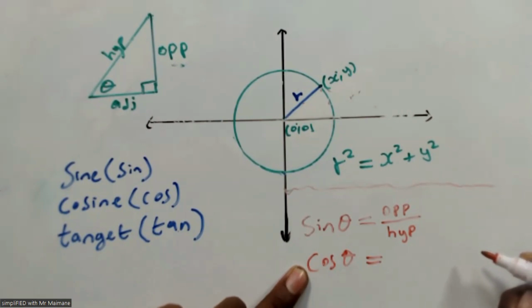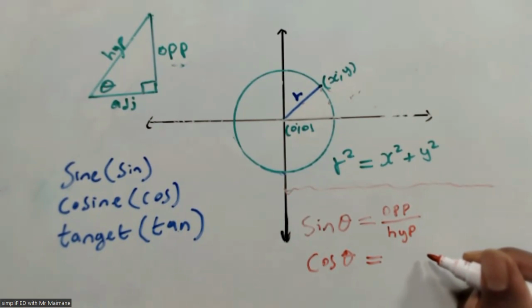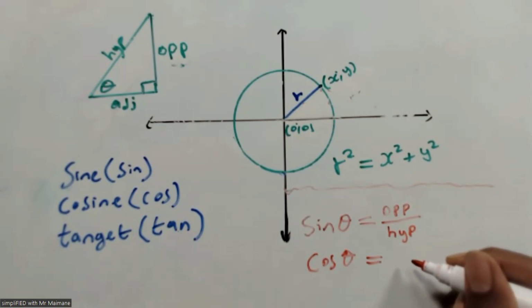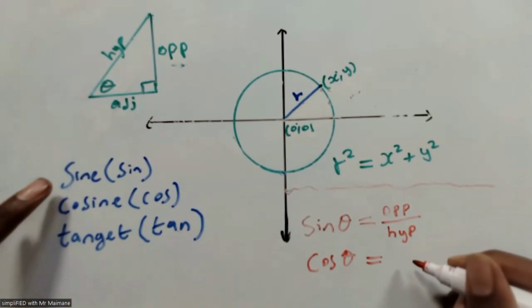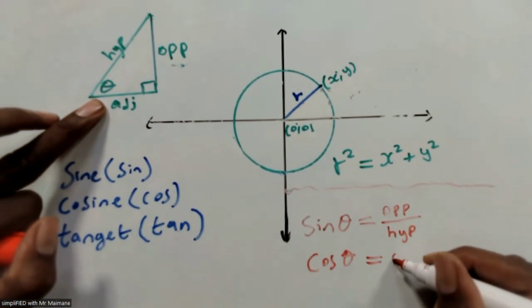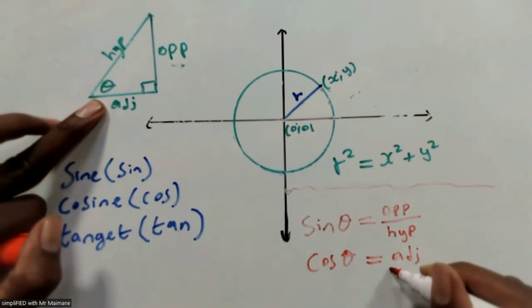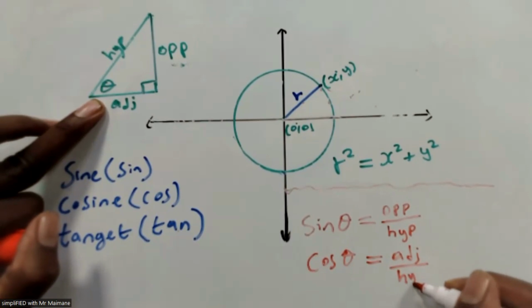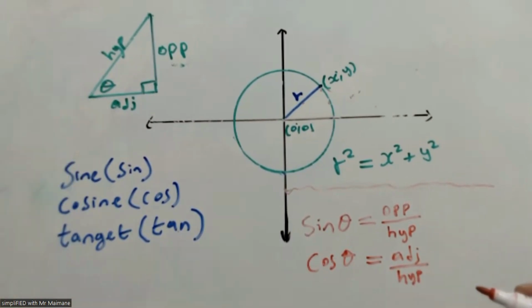Yes. What? Opposite over hypotenuse over opposite. So cos theta is actually adjacent over hypotenuse. Right?